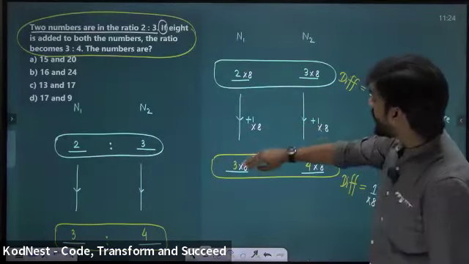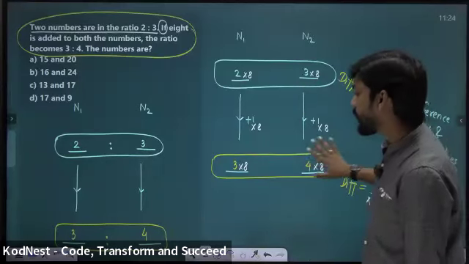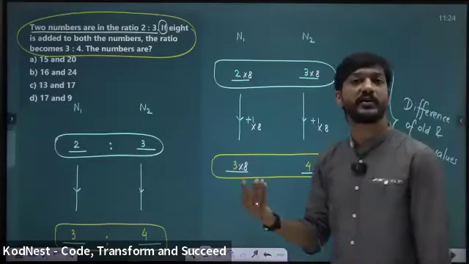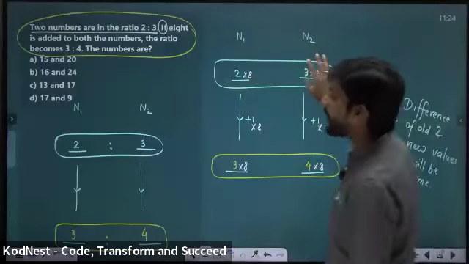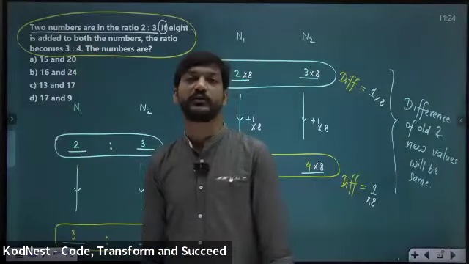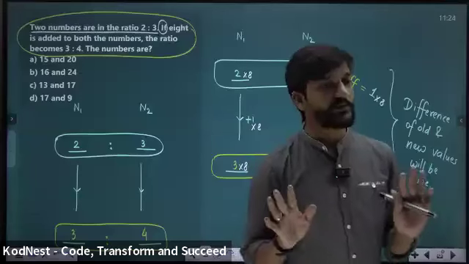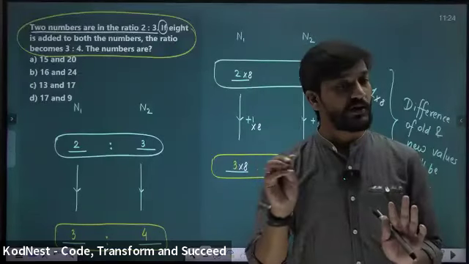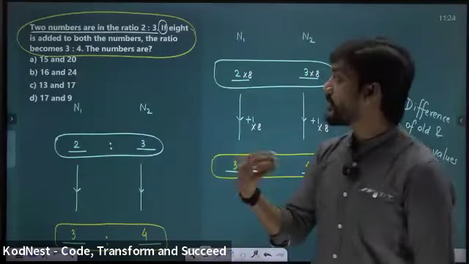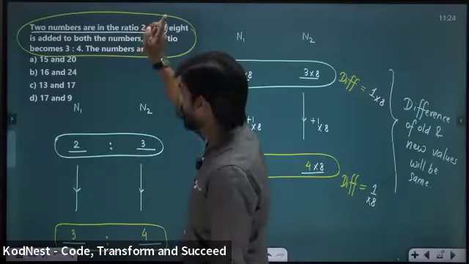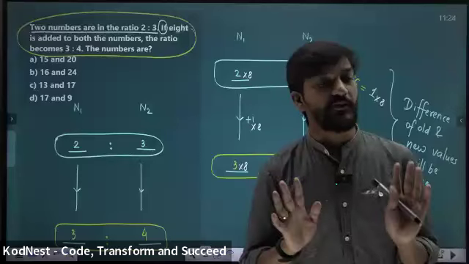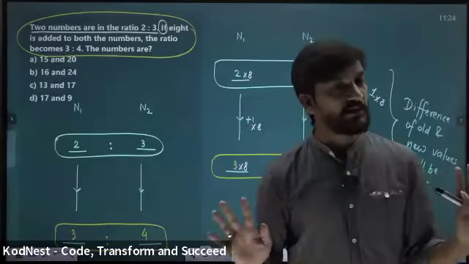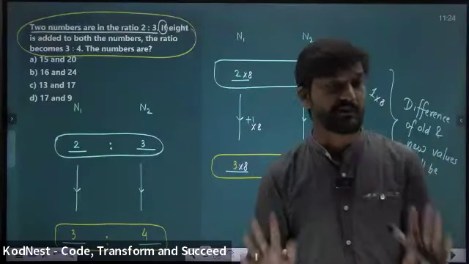If 8 is added, this is all assumption. We are just imagining. So reality is your answer, 16 and 24. Always remember: whatever statement is given without if is going to give you the answer. If means imagination, not reality, so that is not going to give you the answer.